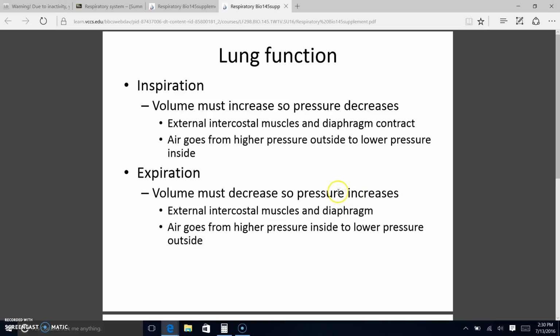Well, I make my thoracic cavity, where my lungs are, smaller, and that increases the pressure. So again here, how do I make them smaller? I relax external intercostal muscles, and I relax the diaphragm, which causes the diaphragm to raise.